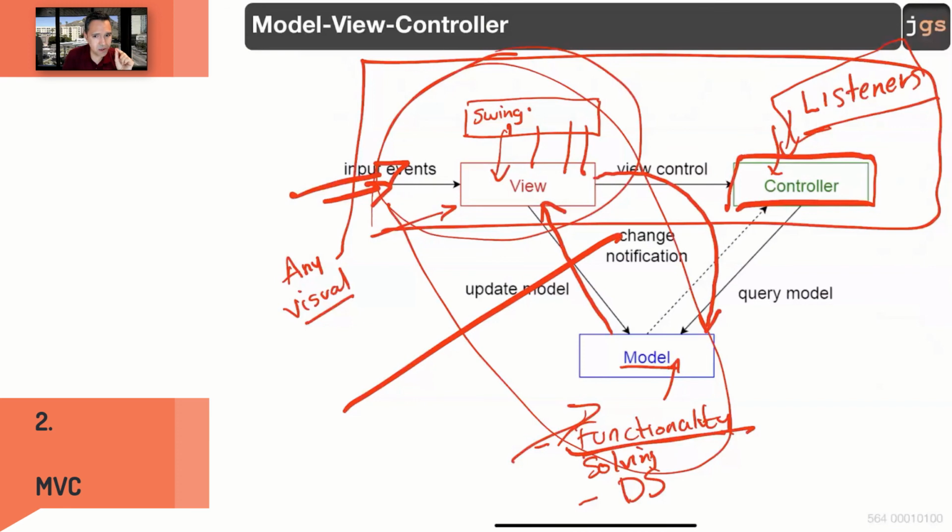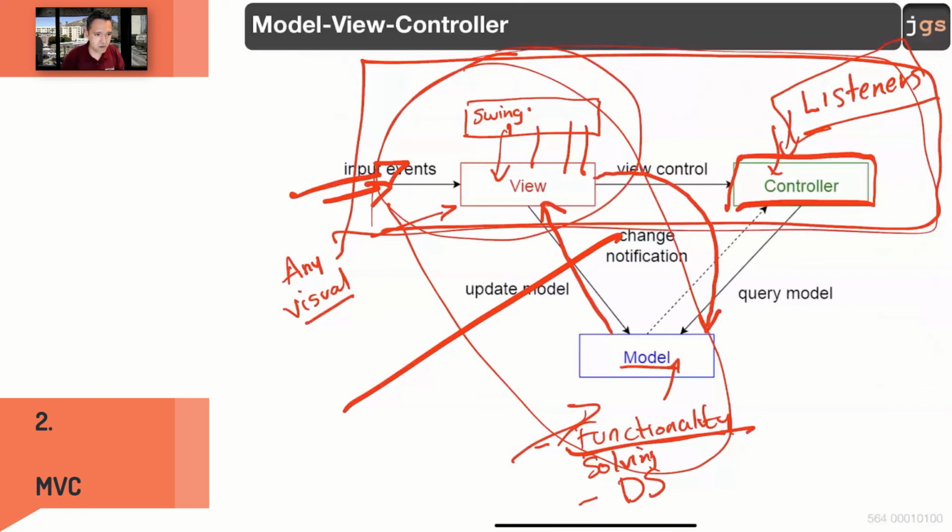We put together the views and the controller, because that is the way in which you learn programming graphical user interfaces in Java. Remember, the same class that extends JFrame is the same one that implements the listener. However, the fact that we learn to do that in a programming 101 class doesn't mean that it's the correct thing to do.